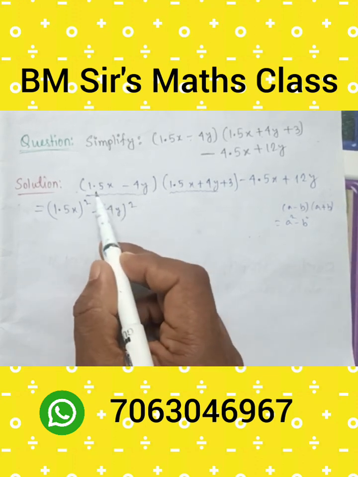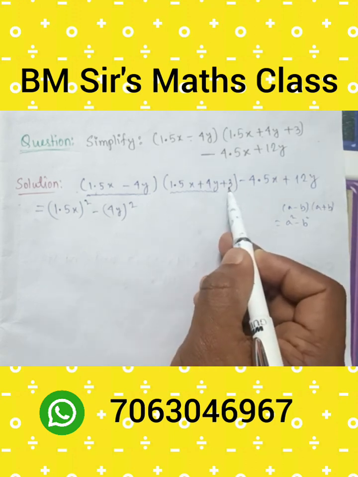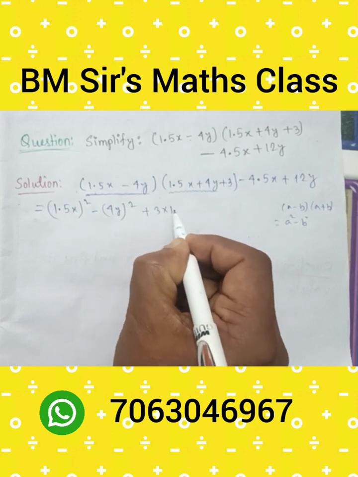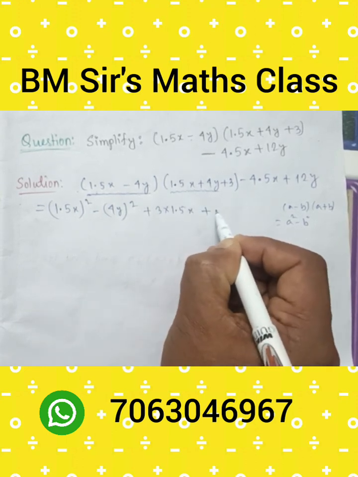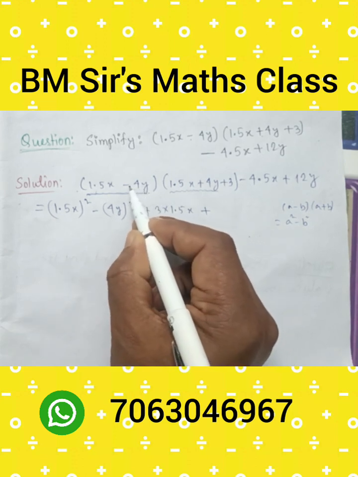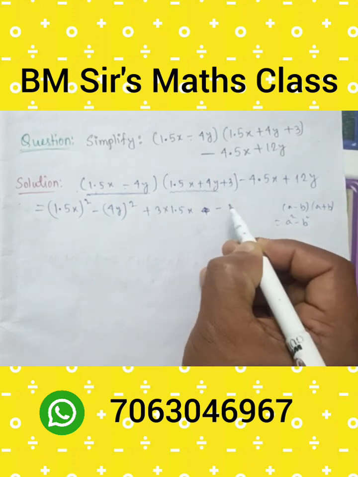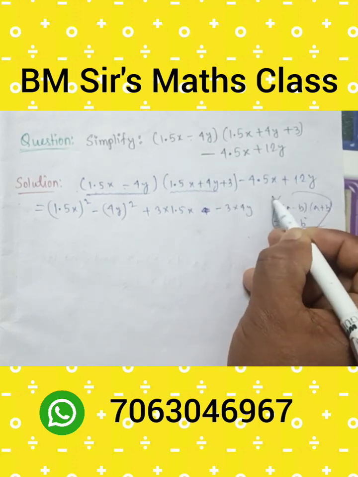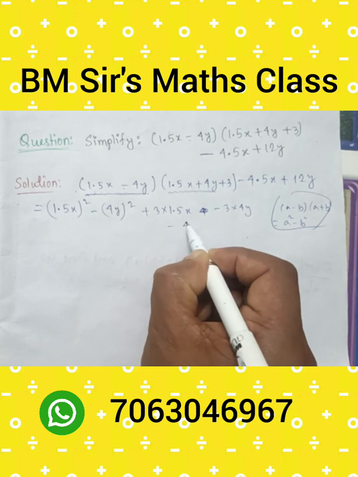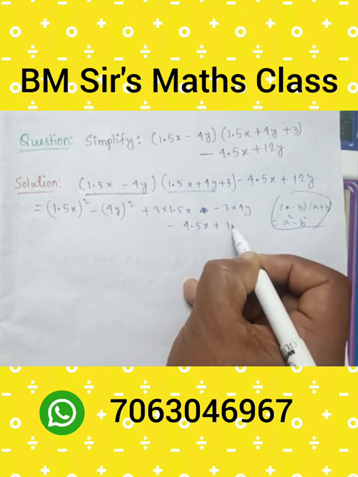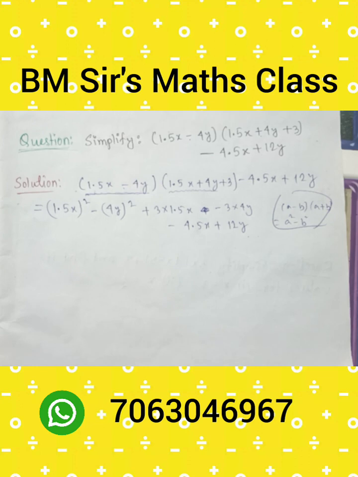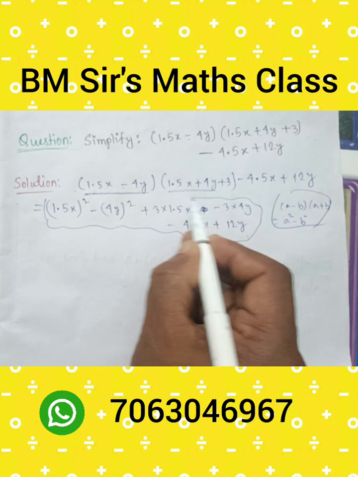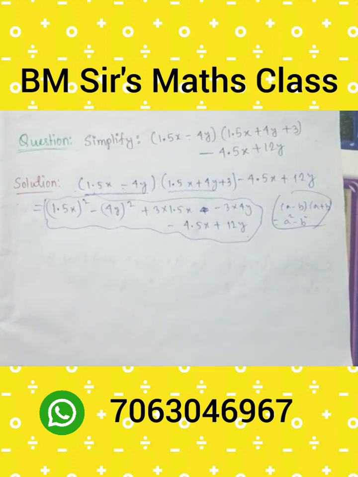And now multiply this term by 3, then you will get 3 into 1.5x, and minus plus minus, you will get 3 into 4y, and these two terms unchanged. That means −4.5x + 12y. You can tell me that it is difficult for you. Then you can avoid this step.